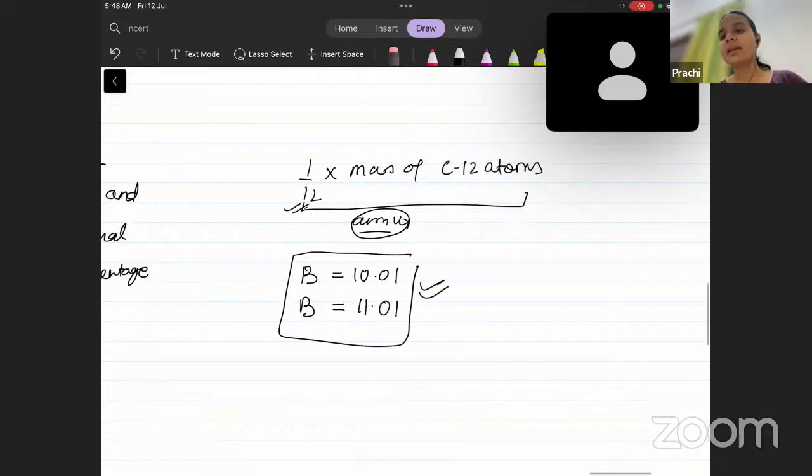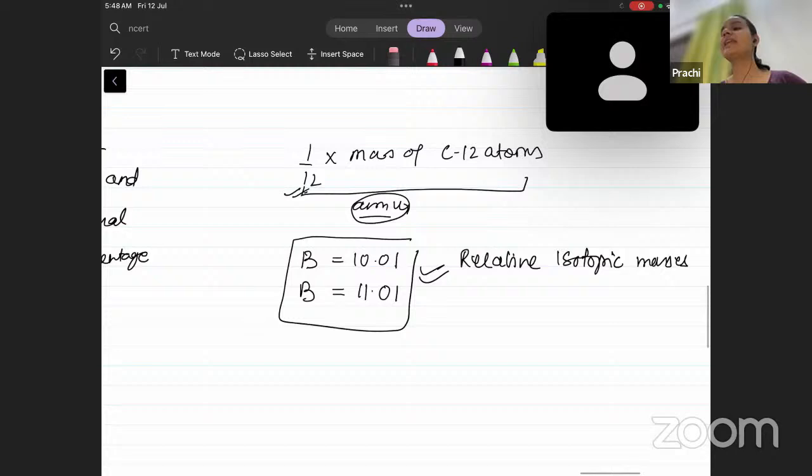So these masses will be known as relative isotopic masses.